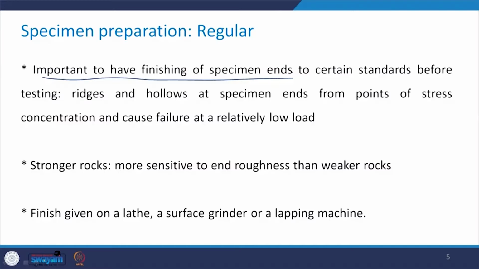So what I mean by specimen ends is this end and this end. Okay, so there should not be ridges or hollows here at the specimen ends, because if you have these ridges and hollows, when you apply the load, there is going to be stress concentration at those points, and that will cause failure at a relatively low load.